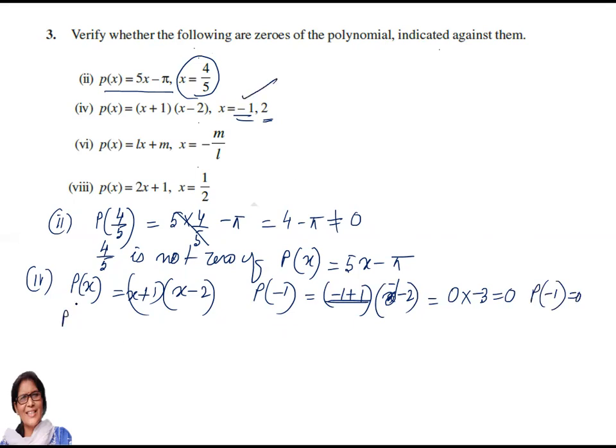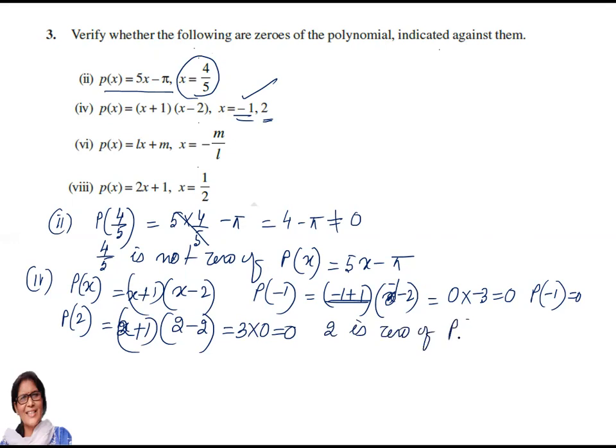Now coming to 2, p2. p2 is equal to (2 plus 1) into (2 minus 2). 2 minus 2 is again 0. So 3 into 0 is 0. That means 2 is 0 of px. So here both are 0.